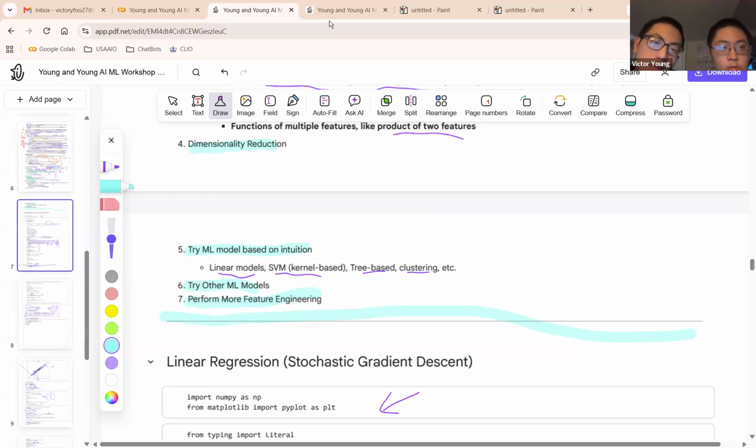What could be a categorical data? If it is like a Boolean variable saying if it contains the word free. So if it does contain the word free, then it is 1. If it does not contain the word free, it is 0. So that is a categorical data. But the number of words is numerical data.